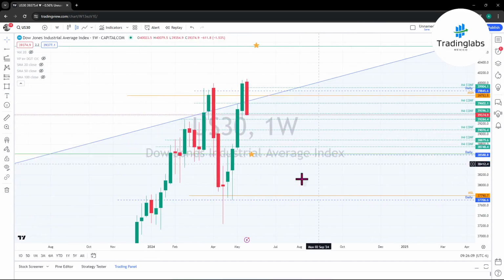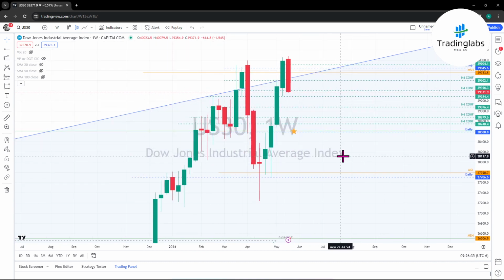So the market wants to go up till here, but what happened? It's facing this resistance of the channel. In order for the market to go up or down, it needs to have a retracement. It's impossible that the market just goes up, or just goes down. It needs to find liquidity in the market.